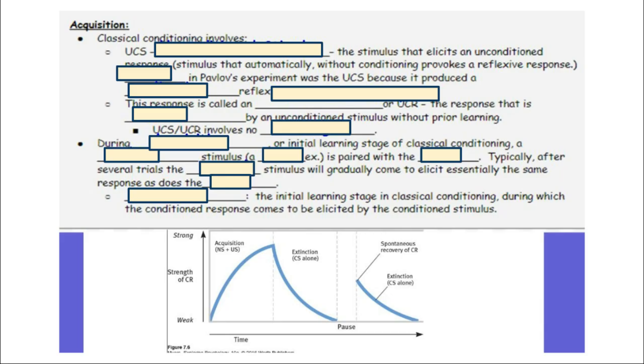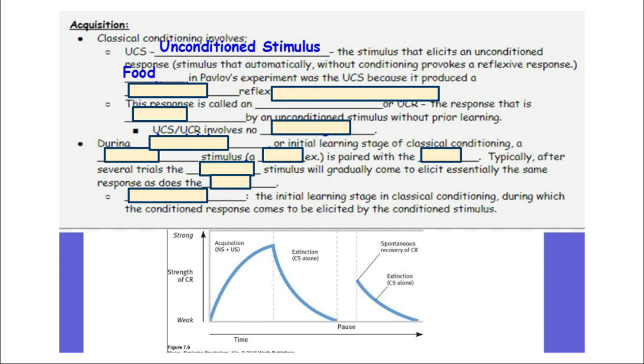All right, so acquisition. In classical conditioning, what does this involve? The unconditioned stimulus is the stimulus that elicits the unconditioned response, the stimulus that automatically, without conditioning, provokes a reflexive response.